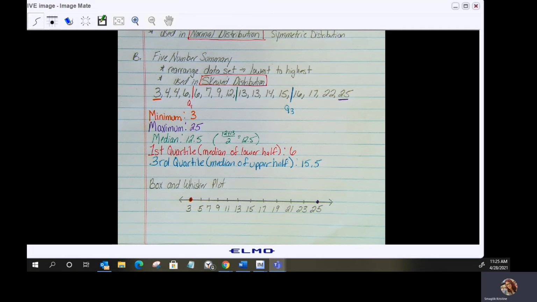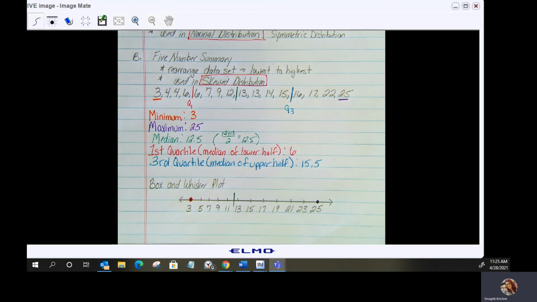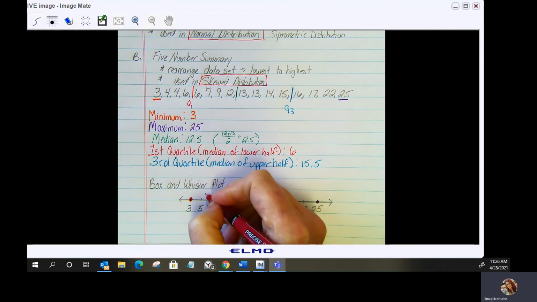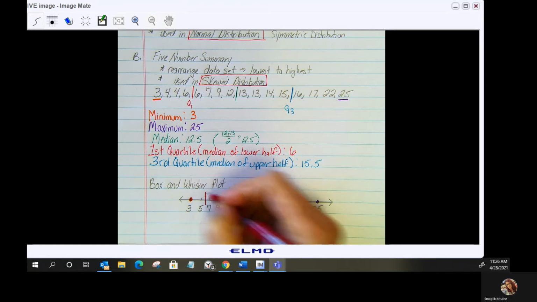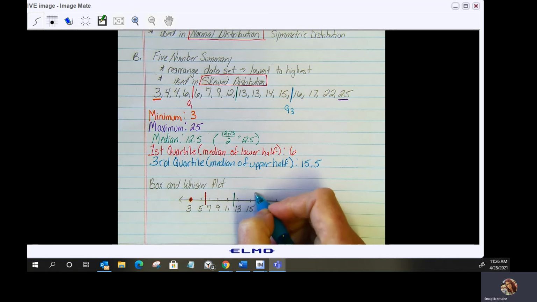My median was at 12.5, so that's approximately right here. I'm just going to put a line. We're going to start doing the box. My first quartile is at 6, so that's right here. And my third quartile is at 15.5, so we'll say right about in here.